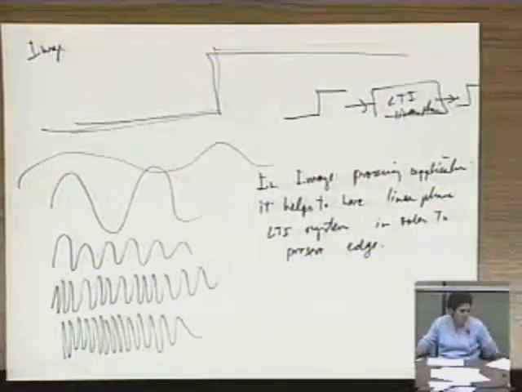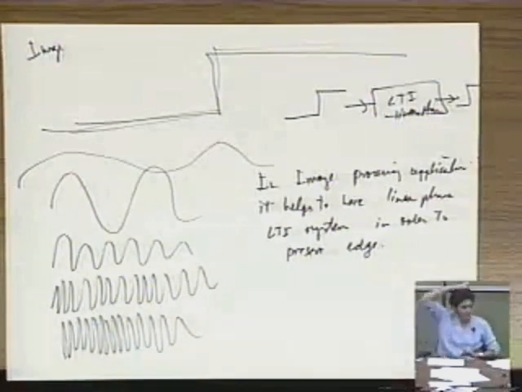And preserving edges is a good thing, because you don't want your images to come out all blurred out and washed out and not sharp after you're all done with processing your signal.